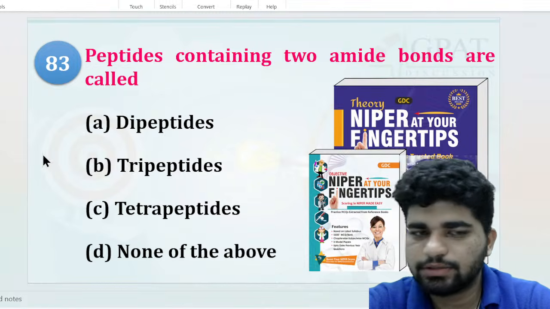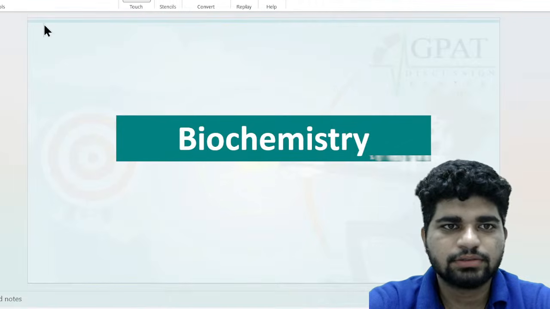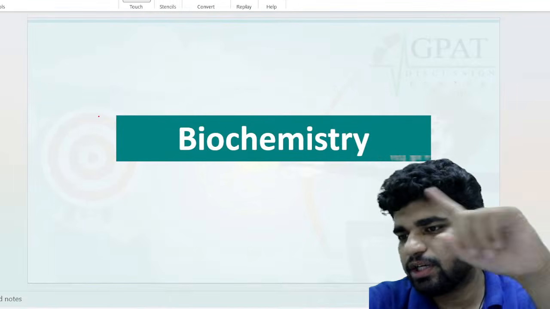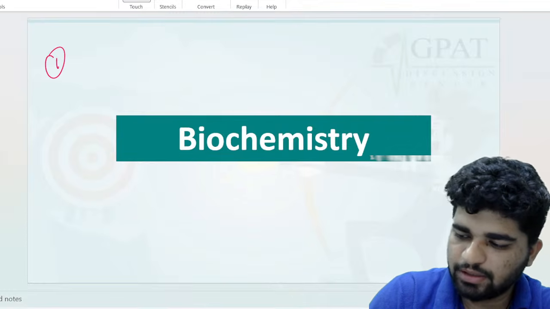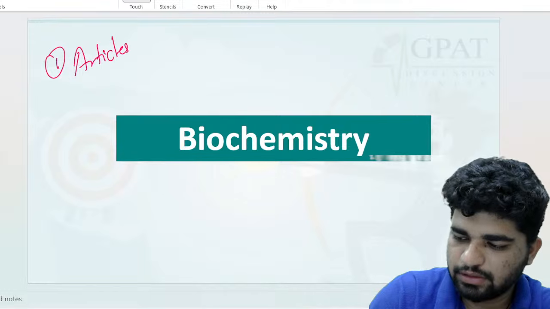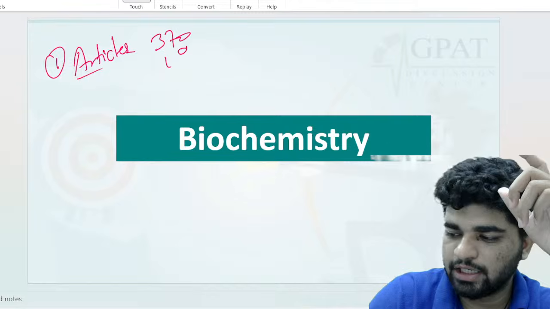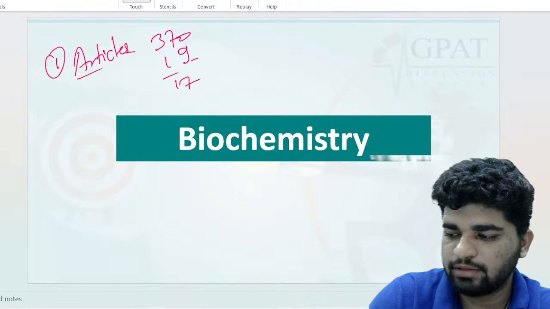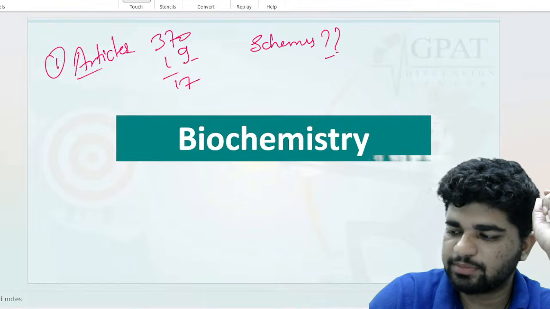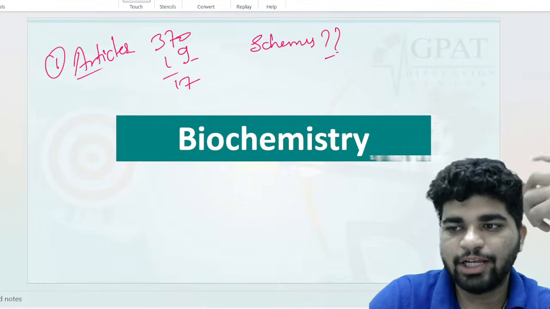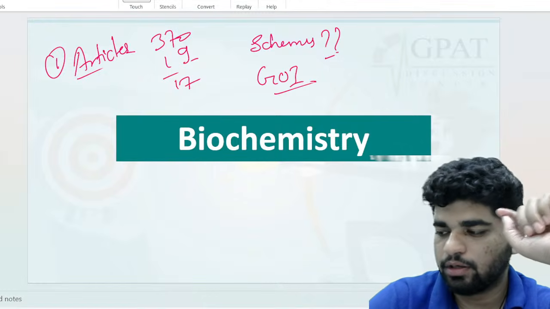How to cover GK? Now you are asking how to cover GK. GK means specifically one thing. You can read current affairs. General knowledge, articles: Article 370, Article 19, Article 17. This is important. What are the schemes generally going on, governed by the government of India, that you have to look at.